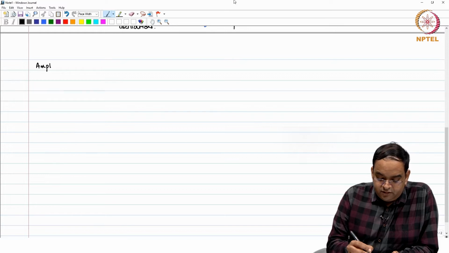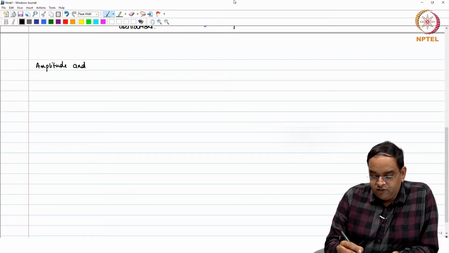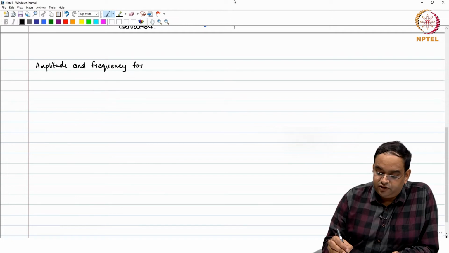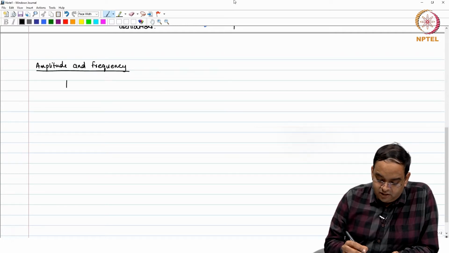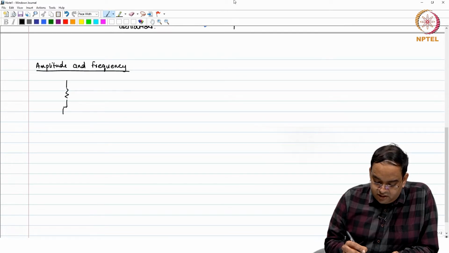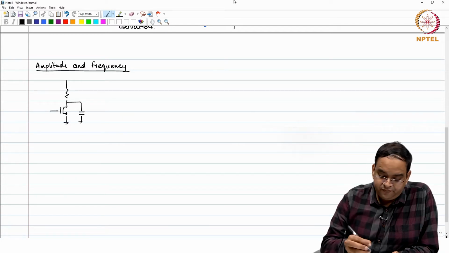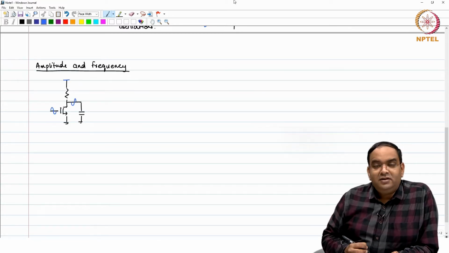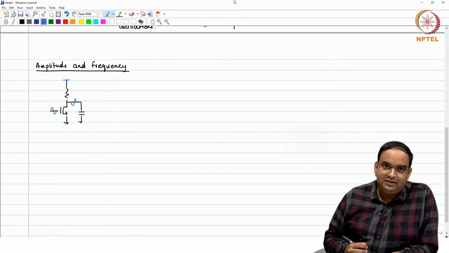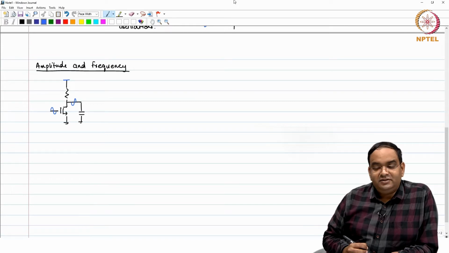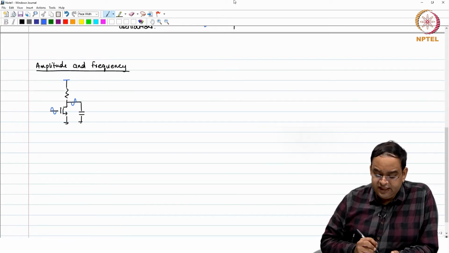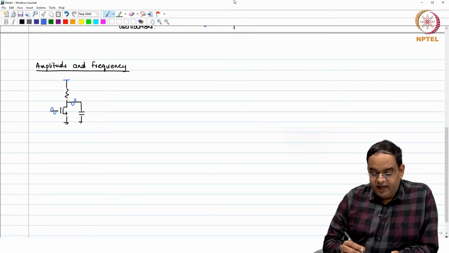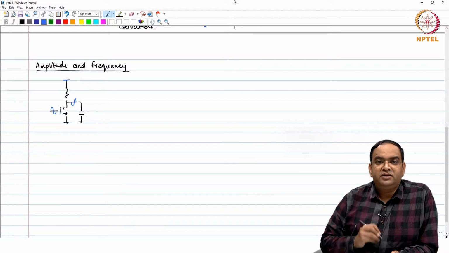So, in the example which we have seen, each cell is such that when the input changes or you have any swing at the input, the corresponding output also varies, and the current does not remain constant in this transistor, or you can say the main transistor for this stage for the delay from input to the output, and the swing which you are going to get is not fixed.